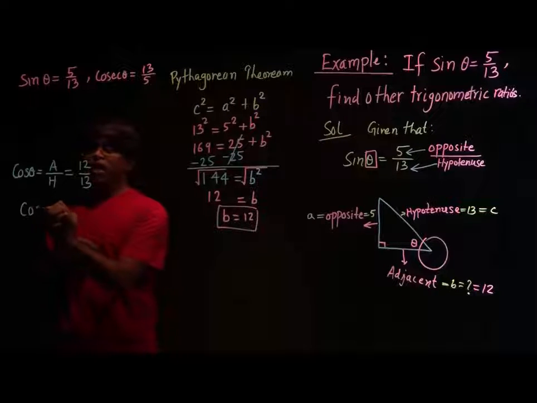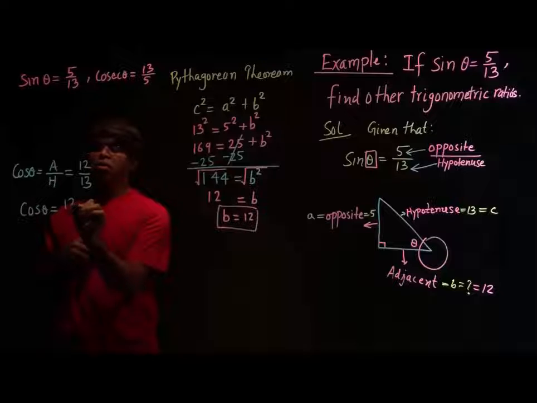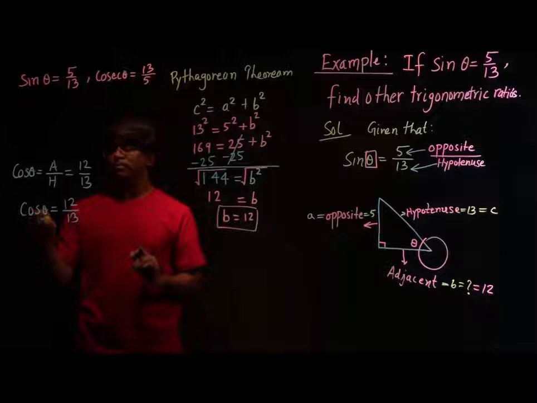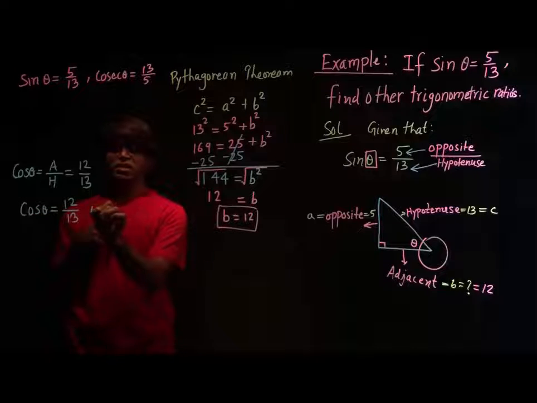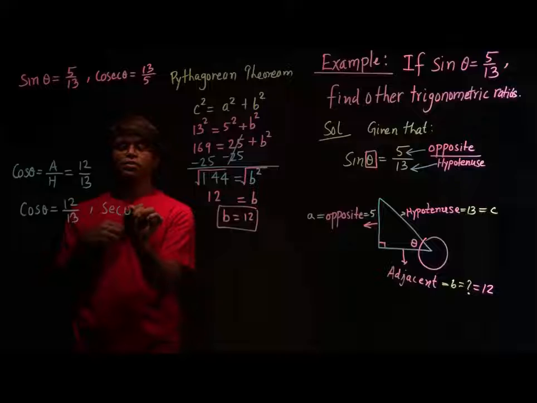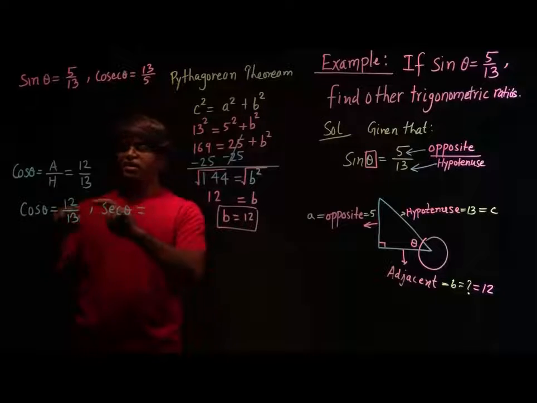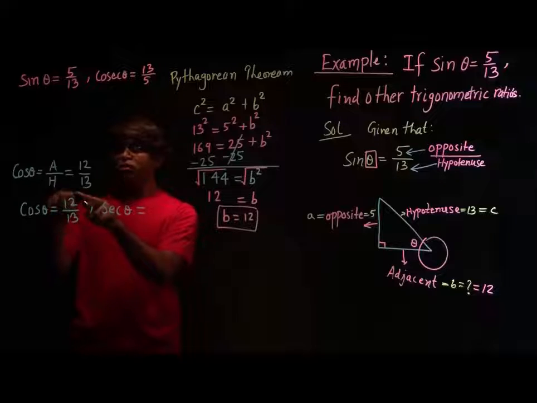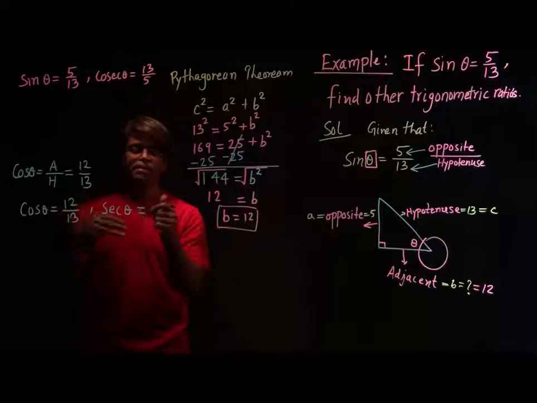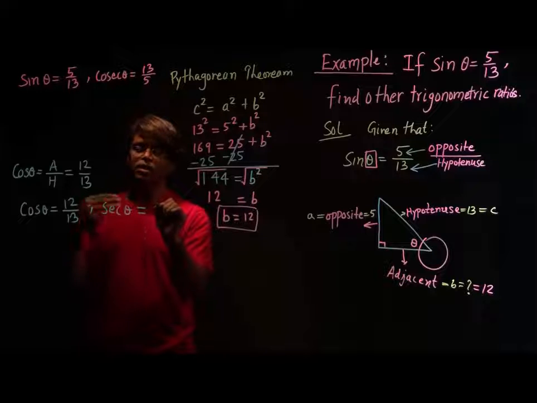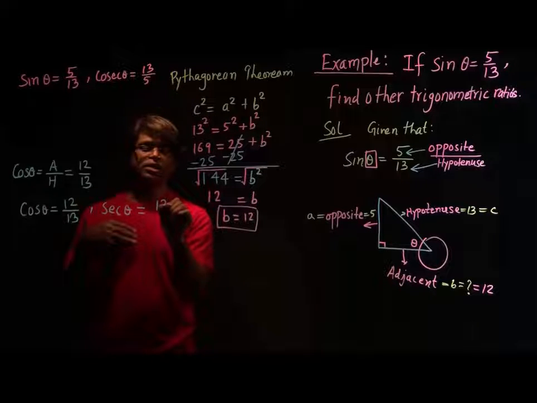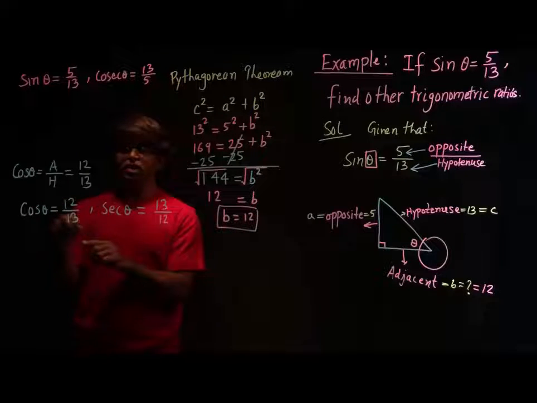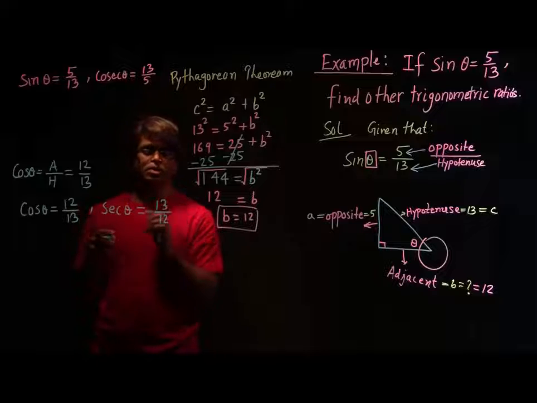The reciprocal of cosine is secant, so I need to do the reciprocal of 12/13. When I flip it, I get 13/12. So my cosine is 12/13 and my secant is 13/12.